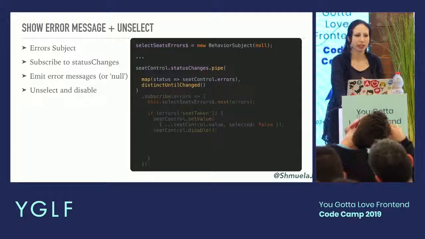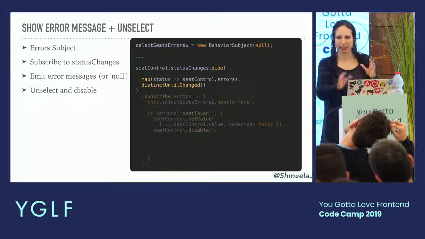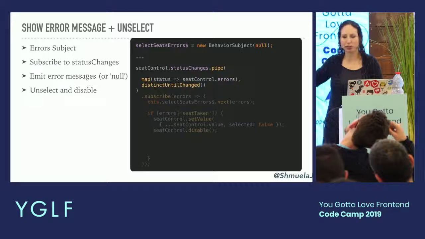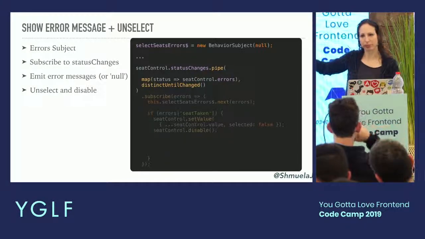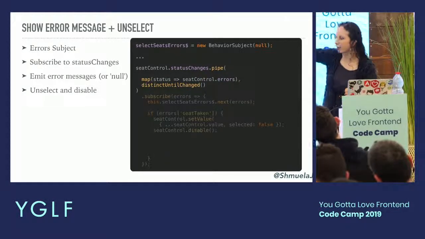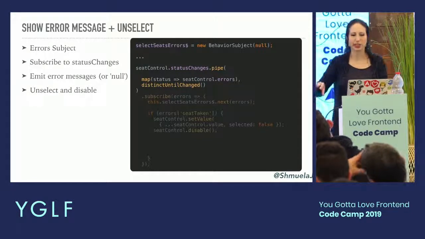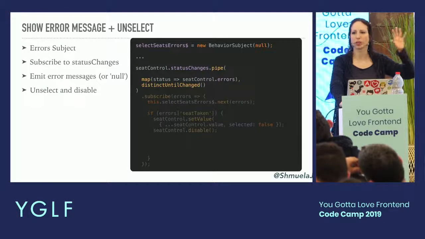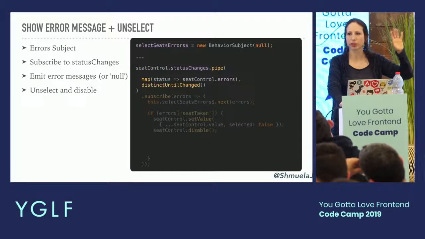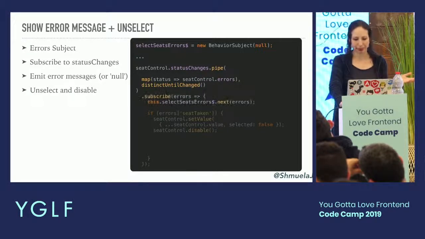Dirty, and a lot of stuff that we have in the status, but I only care about the errors, okay? So let's see, when we get the status, what are the errors? And I also want to react only if it's distinct, okay? Because maybe something else changed in the status, but the errors remain the same.